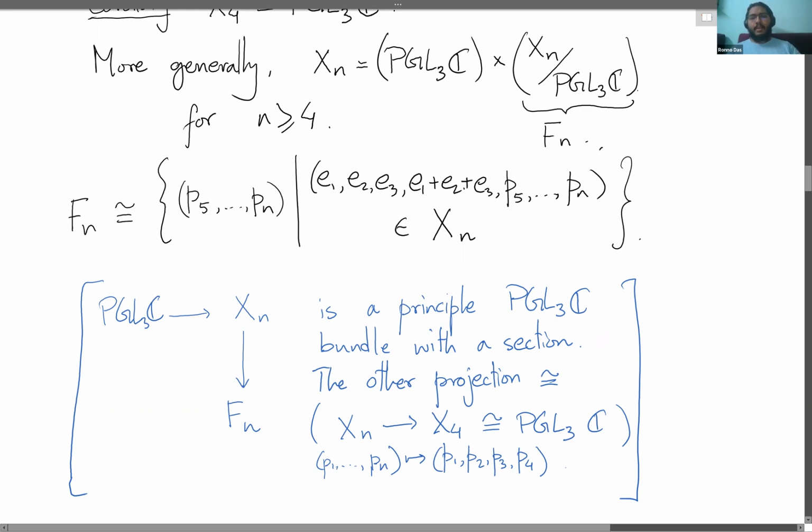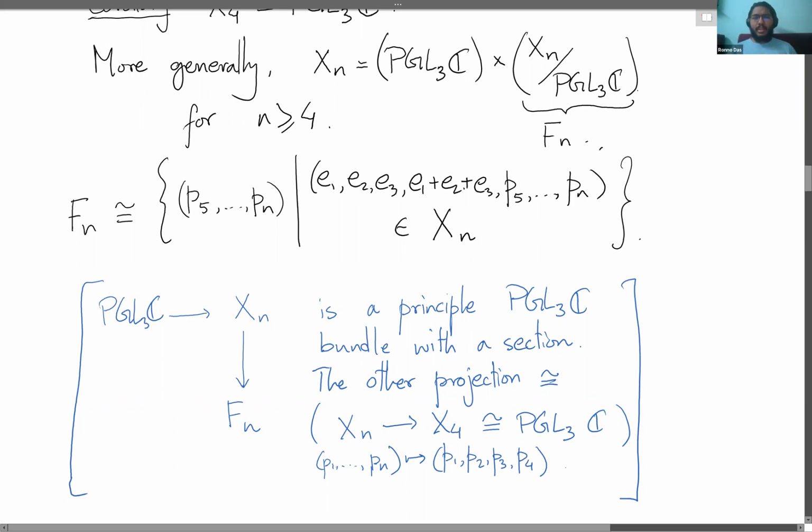And that tells you that Xn is the product of PGL3 and Fn. So I can switch the 2 factors to get a map to PGL3C, and the fiber will be the same as Fn, but the map you choose is the projection to the first 4 points, because I know the first 4 points is the same as the group.